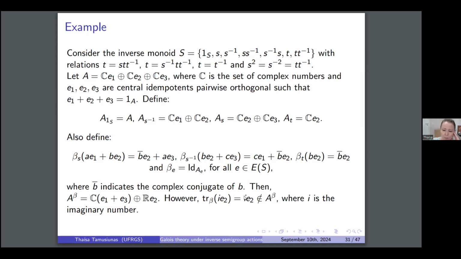But this element is not in the subring of invariance. And well, the trace map is not necessarily invariant. And it's a problem because we needed the invariance of the trace map to develop Galois theory.